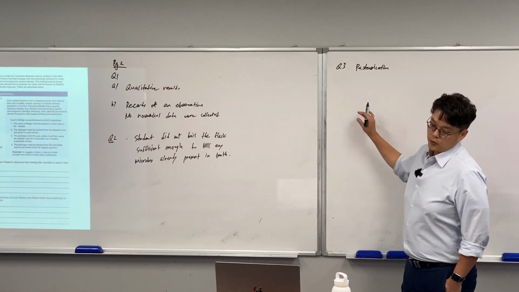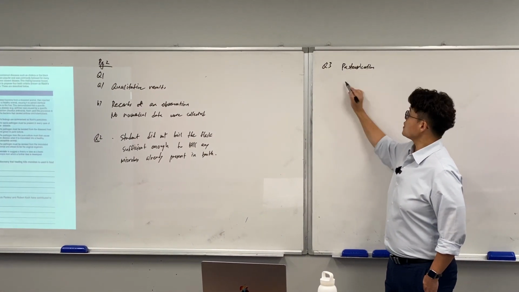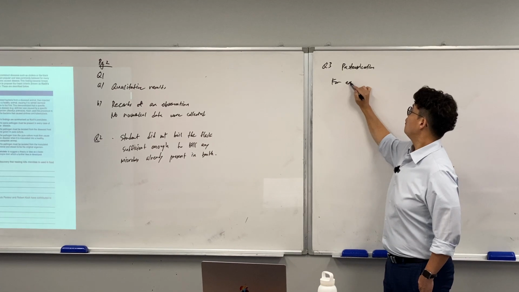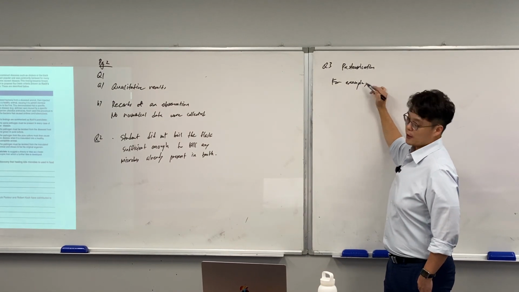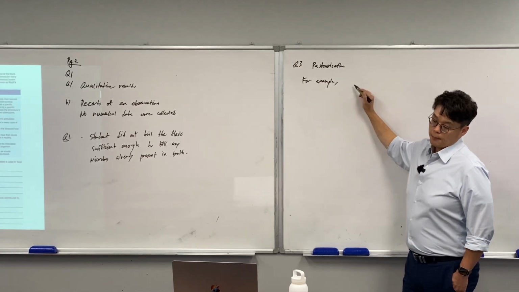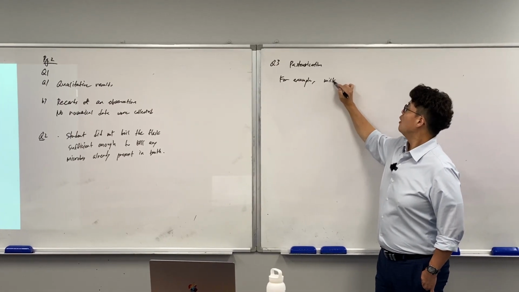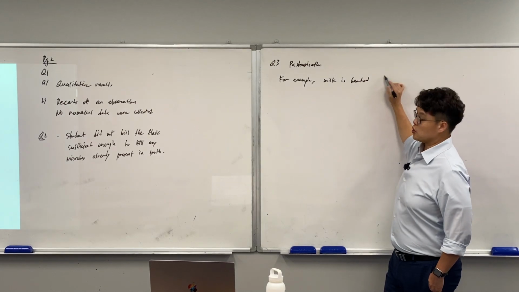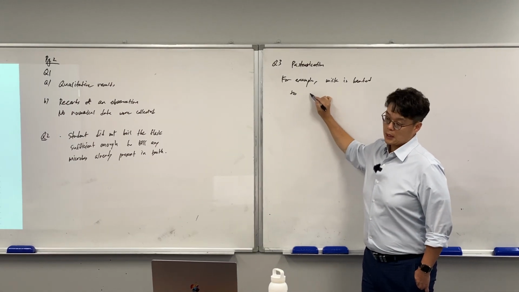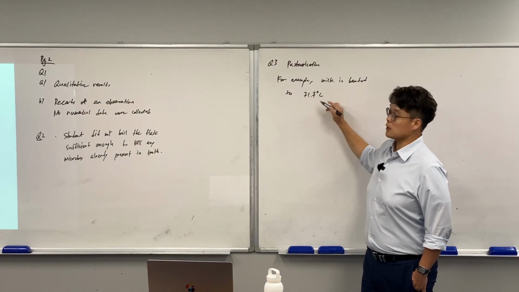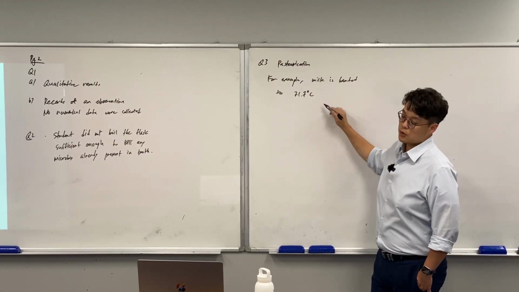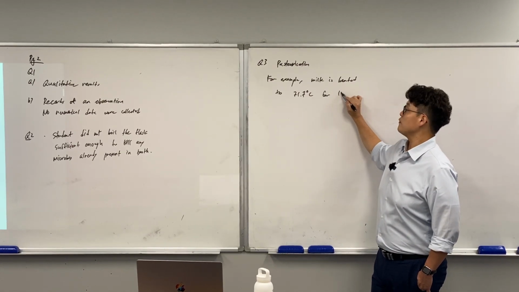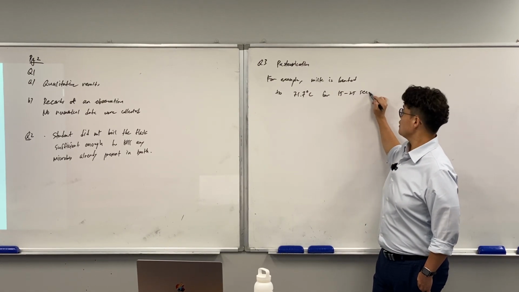So this makes the food safe. For example, let's talk about milk specifically. Milk is heated up to 71.7 degrees Celsius, or 72 degrees Celsius, for a really short period of time, 15 to 25 seconds.